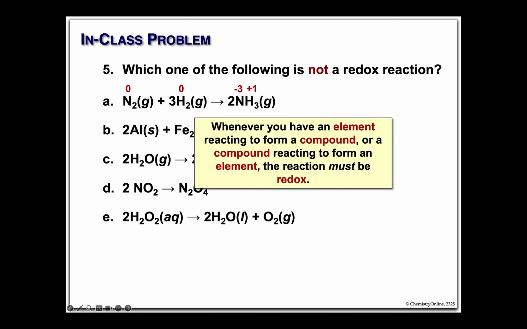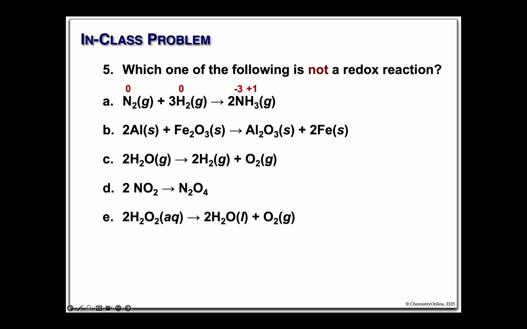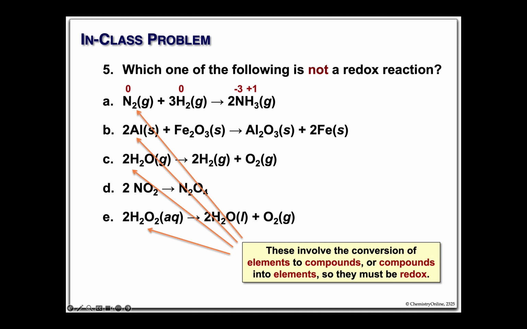If it's in a compound on the other side, that's redox. So, we look at this. Element, compound. Element, compound. Element, compound. All of these, 1, 2, 3, 4, are redox.